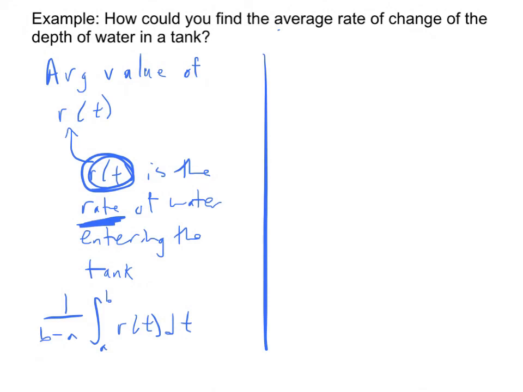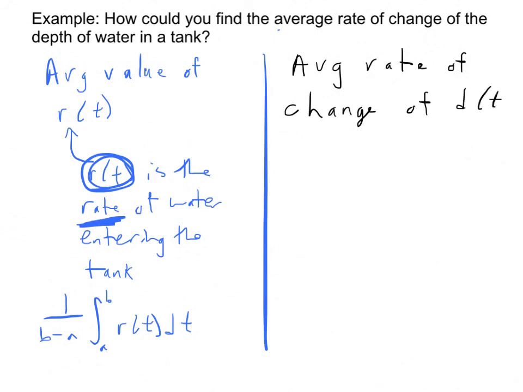I don't know if you guys can see this, you haven't seen many of these problems yet, but think for a minute: how else could this problem be done? What other information might be given? How else could we interpret this? We might also be able to find the average rate of change of a depth function.